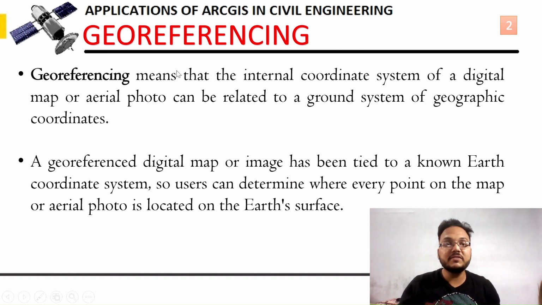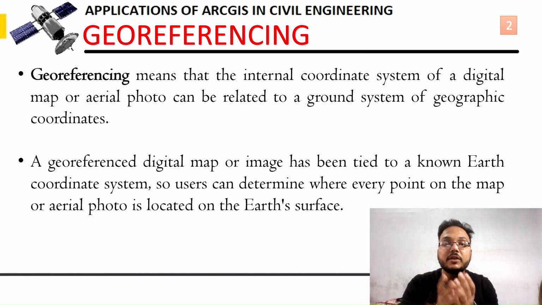So the definition of georeferencing is that the internal coordinate system of a digital map or aerial photo can be related to a ground system of geographic coordinates. If we have a digital map or some aerial photo which has the lat long information, we can directly refer it to the geographic coordinates on our earth.